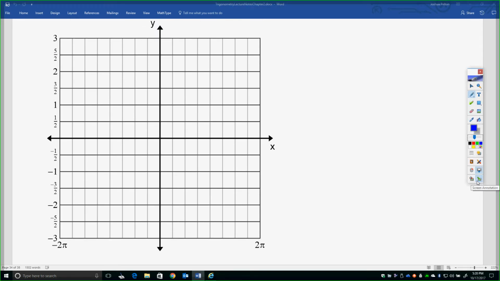So if I go by fourths, I got 1/4, 2/4, 3/4, 4/4, 5/4, 6/4, 7/4, and 8/4, of course, going the negative because we need a little bit of negative here. Negative 1/4, negative 2/4, negative 3/4, negative 4/4, negative 5/4, negative 6/4, and negative 7/4.